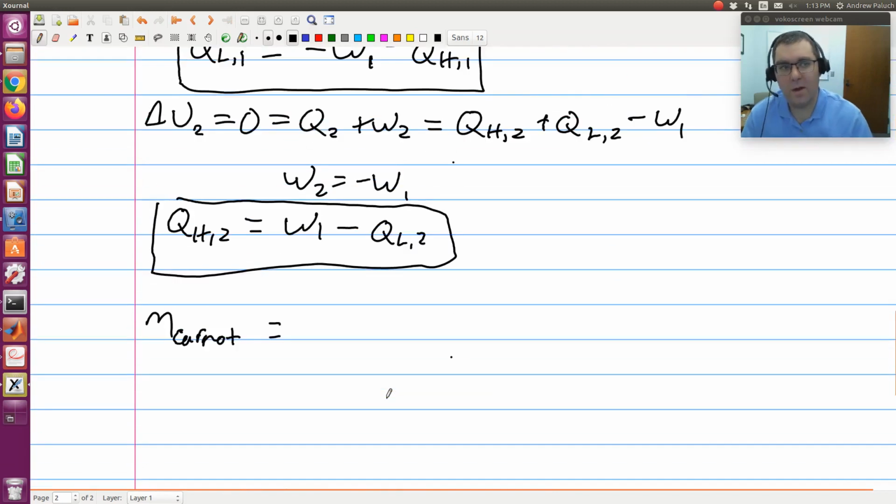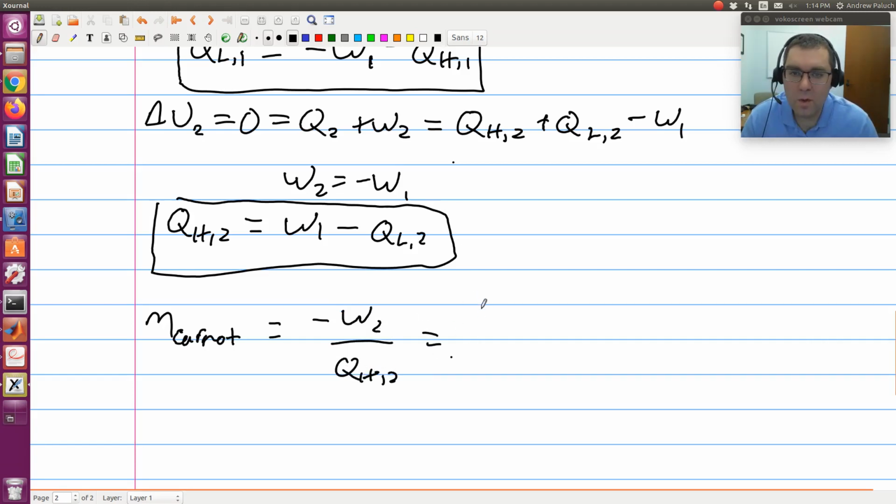My Carnot efficiency is going to be equal to negative W2 over QH2, where W2 is equal to negative W1. So this is W1 divided by QH2. Now W1 is negative, QH2 is also negative, so that's good. And that's going to be equal to 1 minus TL2 divided by TH2.